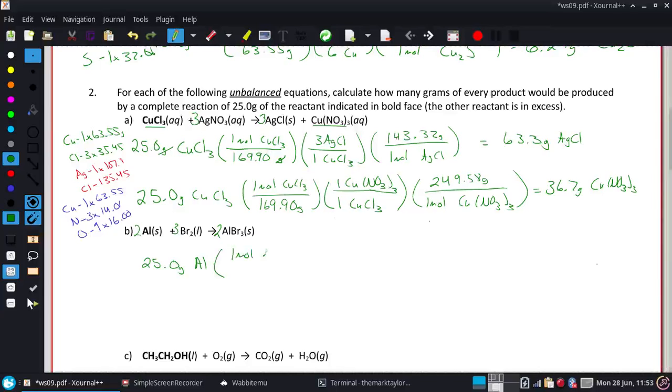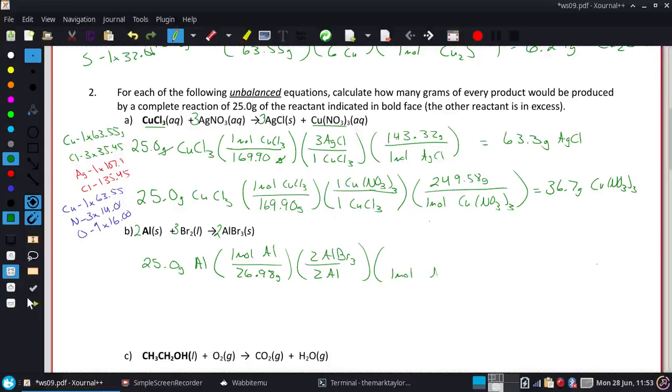Now, 1 mole of aluminum. Get onto the periodic table, we see that aluminum has a mass of 26.98 grams. And our balanced equation says there's 2 aluminums for every 2 aluminum bromides.